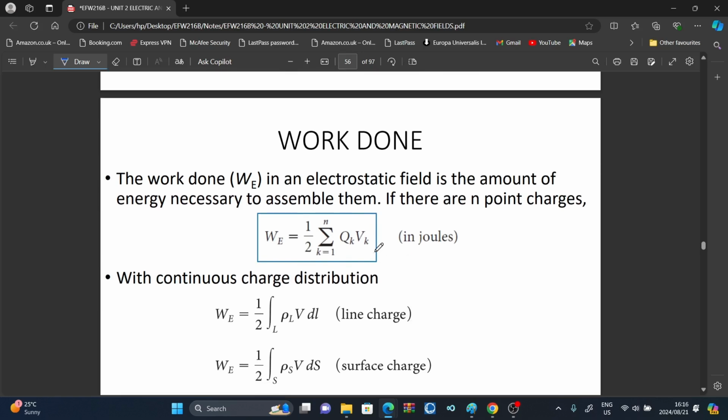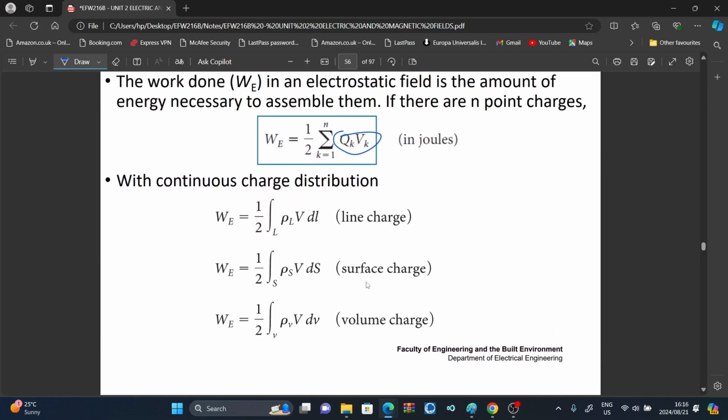Then we also come to work done. These formulas are used when we have different surfaces, like here, as you can see, line charge, surface charge, or volume charge. So it's the sum of different surfaces. Just remember, this one is Q and this one is your voltage.